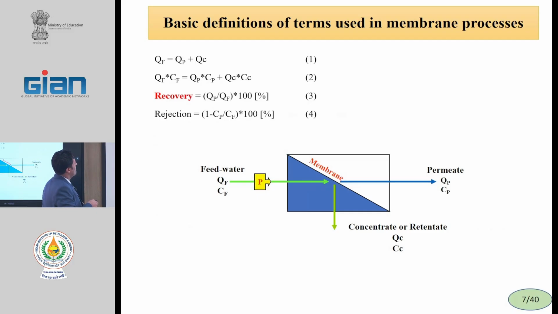High recovery is good because we will have a high product. Okay? But in a membrane process, we cannot reach complete recovery, because complete recovery means that all of the solvent should be separated from the solute.